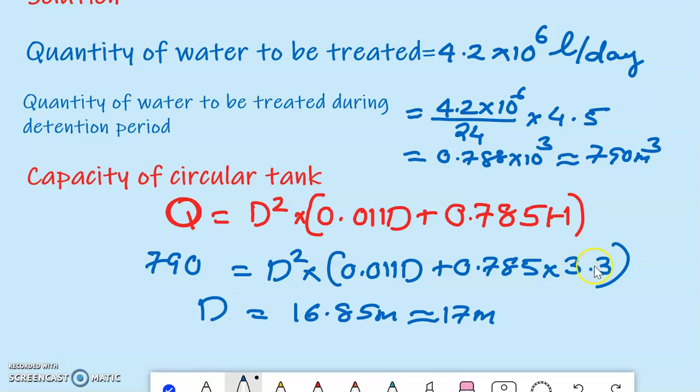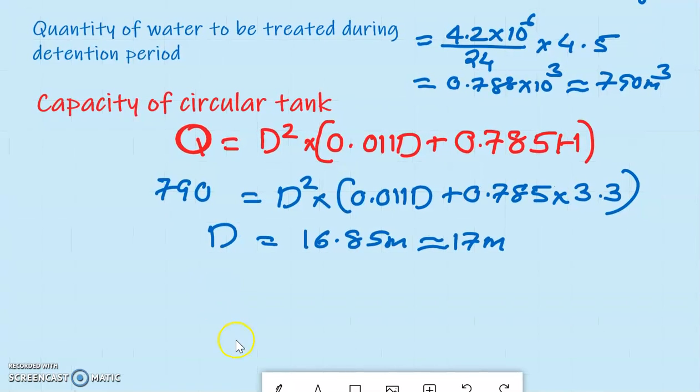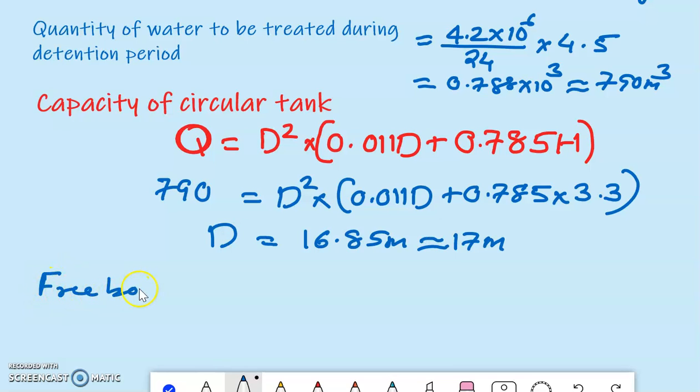So this is sufficient to hold 790 meter cube, but if by chance the quantity may by some reason go up, you have to consider the safety zone also. For that purpose, we are giving a free board of, let the free board be, usually we used to give about 0.5 meter.